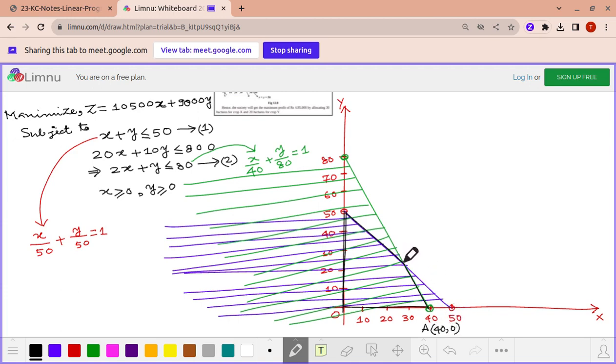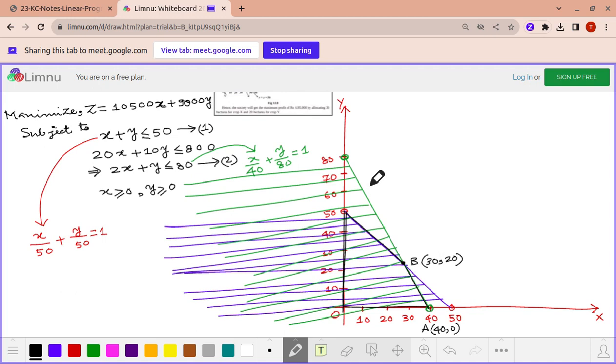Then this point B, which is the intersection of these two straight lines, x plus y equal to 50 and 2x plus y equal to 80. So the coordinates of the intersection of these two straight lines is x equal to 30 and y equal to 20. So the coordinates will be 30, 20.